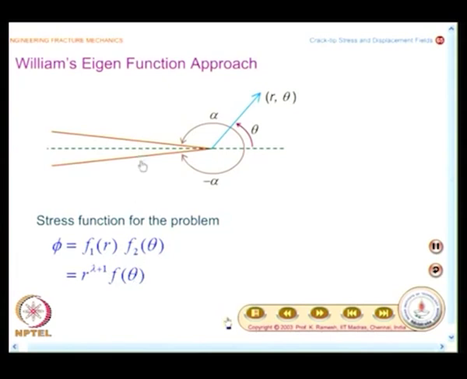So, in all these problems, what you can do in the class is to write the boundary condition, and we are going to solve this problem in polar coordinates. I would be essentially evaluating sigma r, sigma theta and tau r theta in polar coordinates.